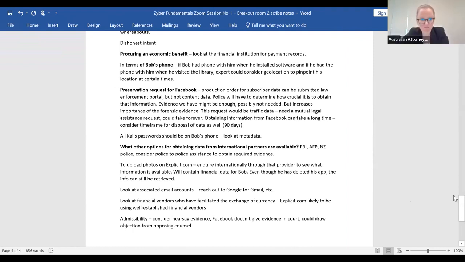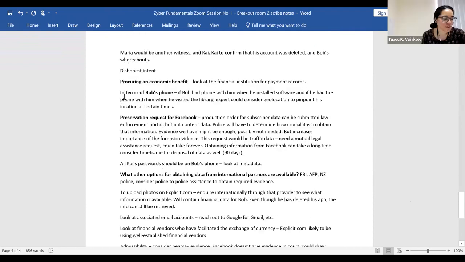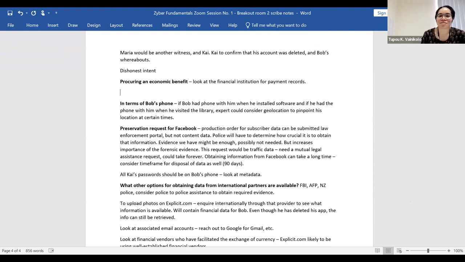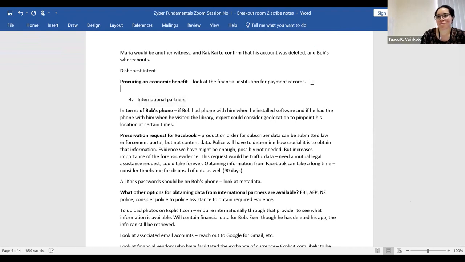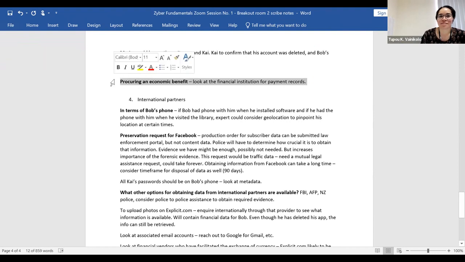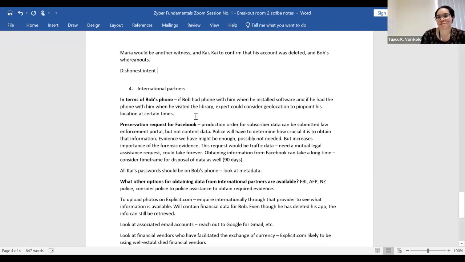We considered whether to contact Facebook in terms of preservation requests. And you really have to weigh it out, whether it's really crucial evidence that you're going to be getting from them, or whether the evidence you have, or that police already have, is enough.